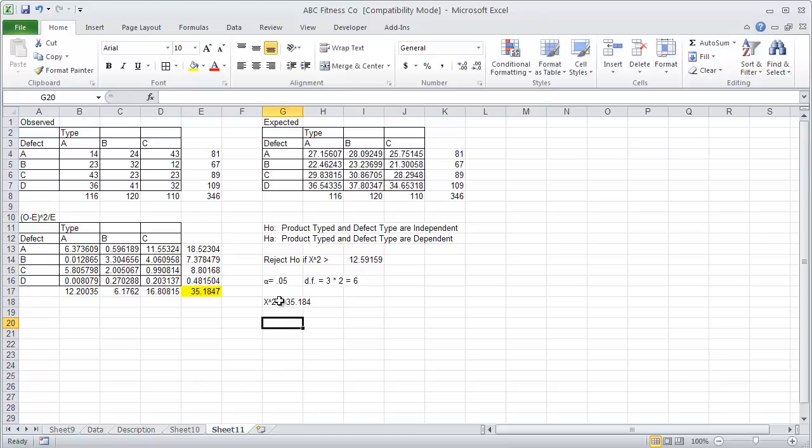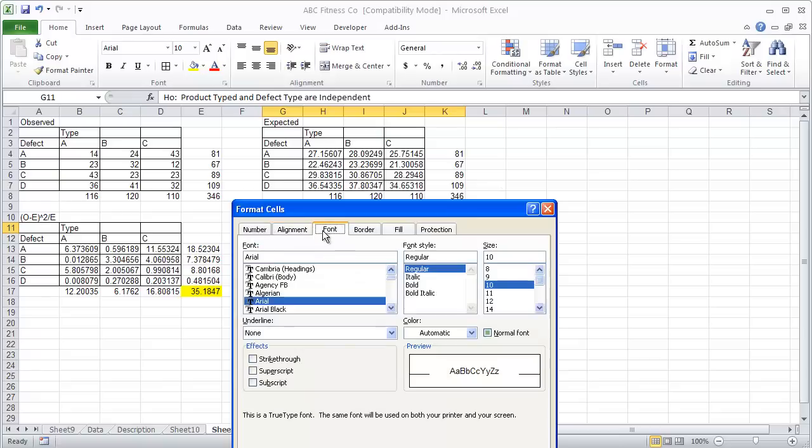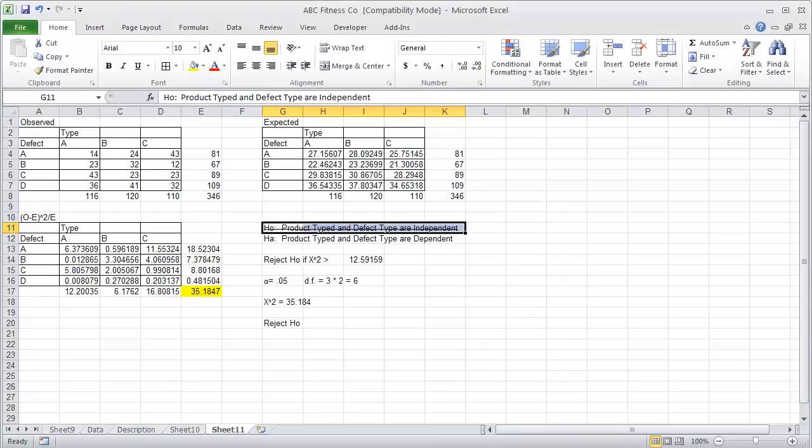It is bigger, so because it is bigger, we're going to reject H sub O. So if I'm going to reject H sub O, I'm no longer going to use that one, so let's go ahead and do a strike through on that one. You don't need to do this, it's just more for visual effect. So we have shown that product type and defect type are dependent. There is a relationship between the product type and the defect type.